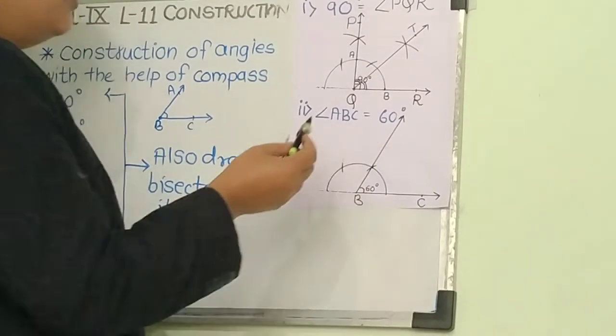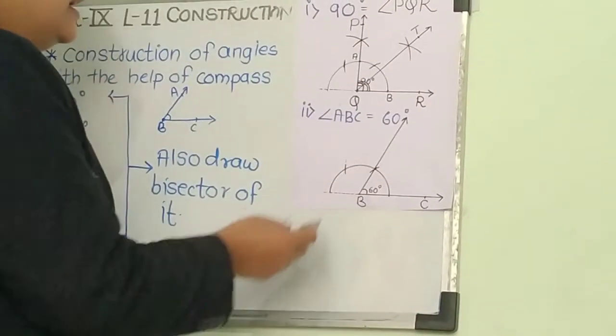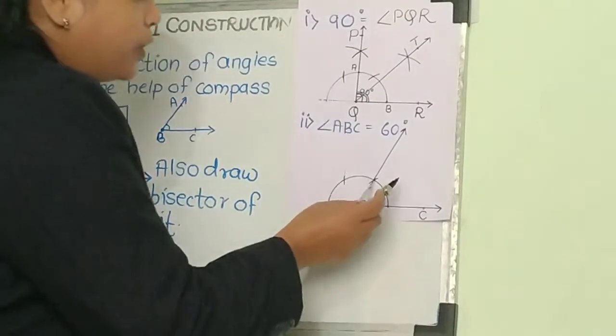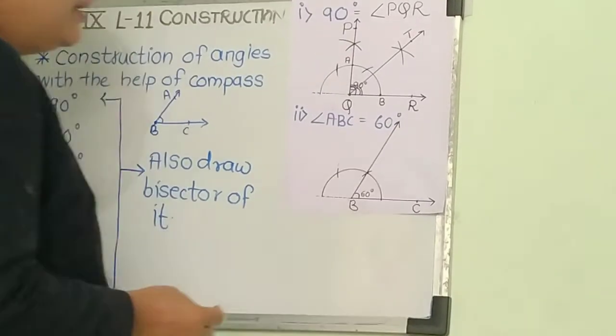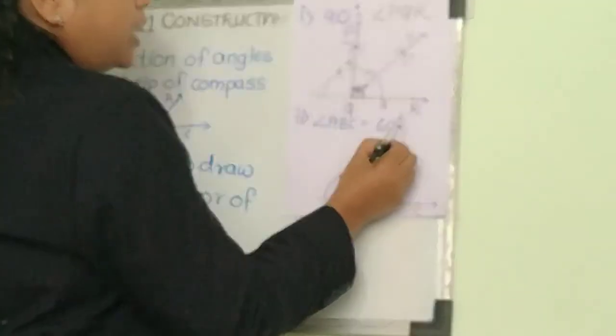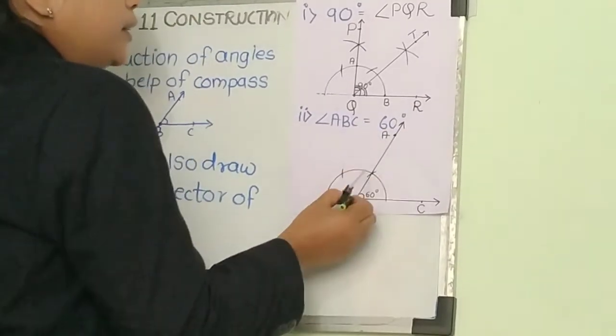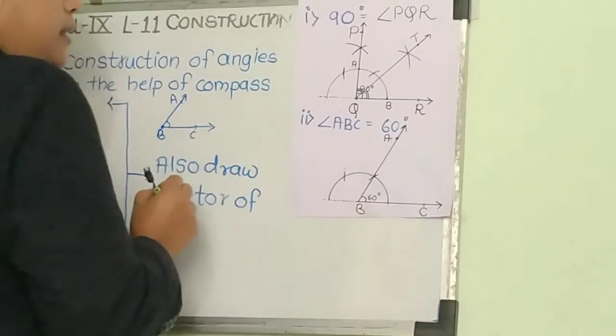The first arc we know is 60 degrees and the second arc is 120 degrees. So from this arc we have to draw the ray. So it is our required angle, angle ABC of measure 60 degrees.